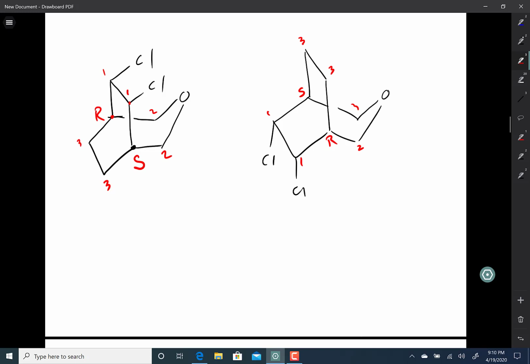Now, if you take a look at this, from figuring out how to figure out the others, it's a good idea to maybe draw the flat structure. So if you look at this from above, think of that then as this ring. Draw that ring in. It's a 7-membered ring.